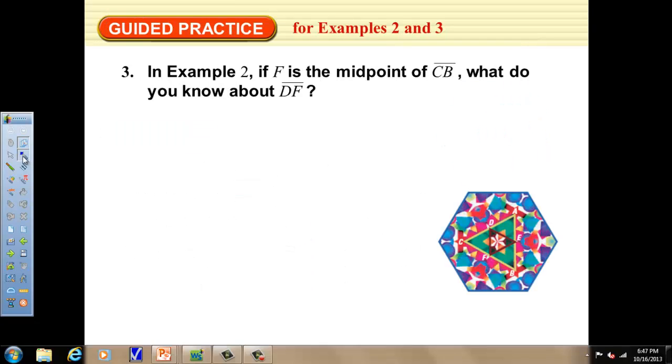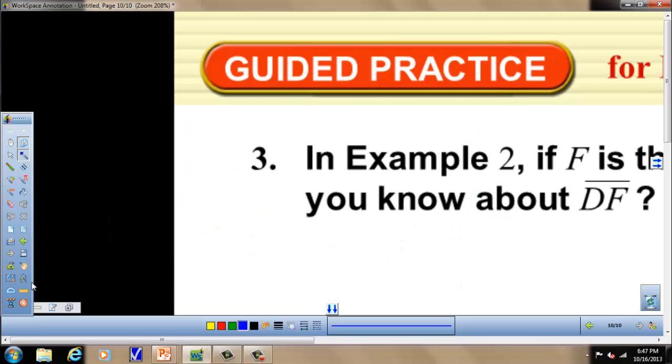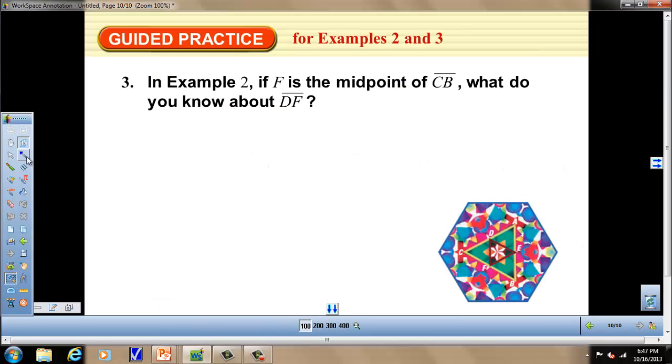Looking again at this picture, let's zoom out real quick. We already stated in this picture that AD and CD were congruent. We also stated that AE and EB were congruent. And they're saying if we know that F is the midpoint of CB, then we know that CF is congruent to FB.